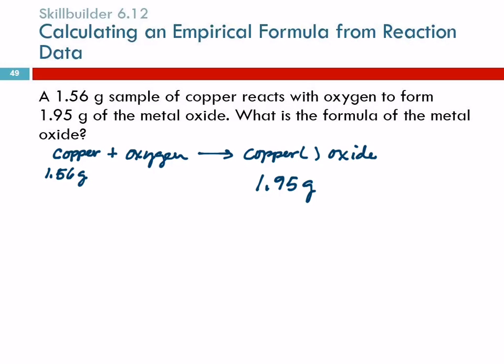So how do you have 1.56 grams of copper and then you end up with more products? You add oxygen. Oxygen is coming into this and being combined and trapped in the compound. What's the mass of the oxygen? It's the difference. That mass plus this mass has to equal the final mass. So the mass of the oxygen is 1.95 minus 1.56.